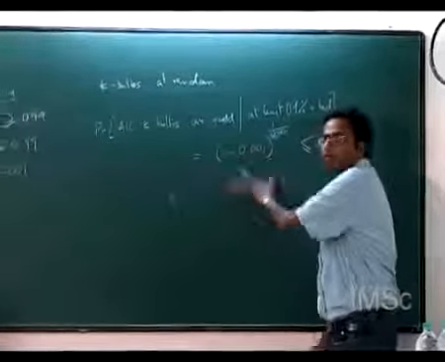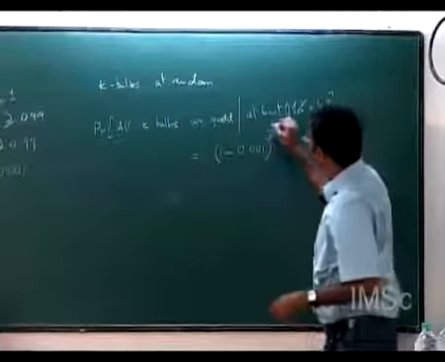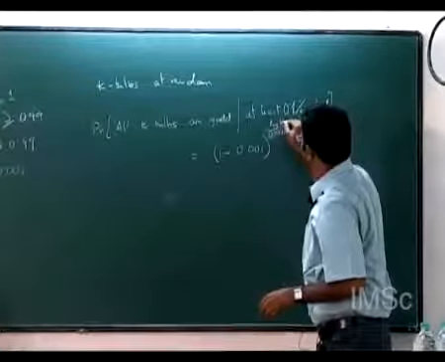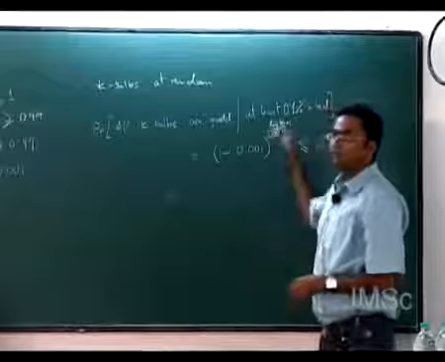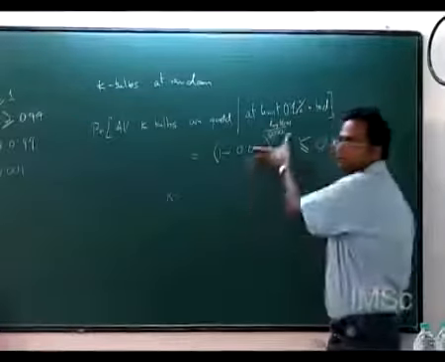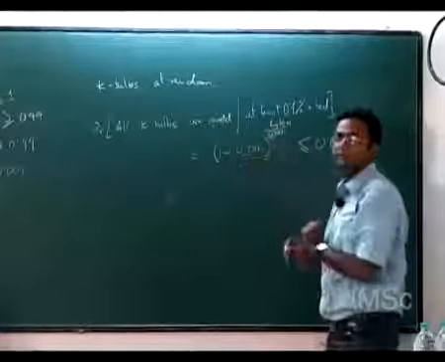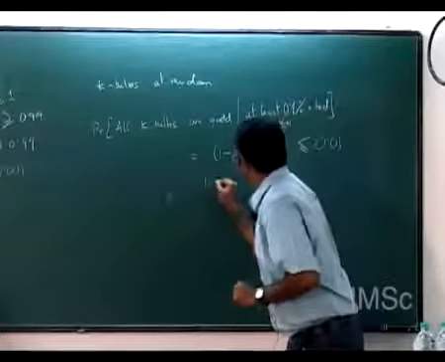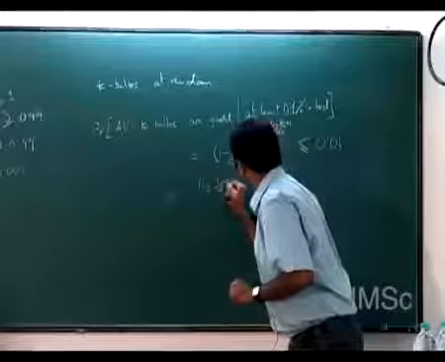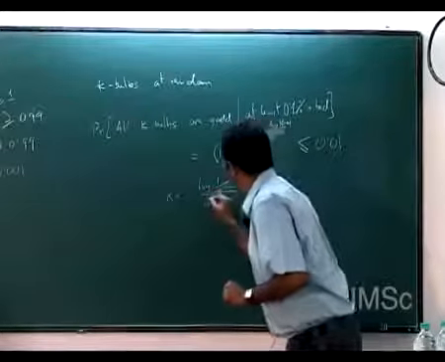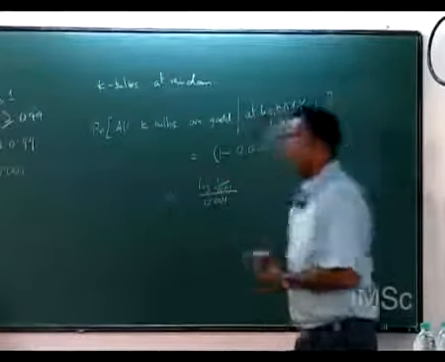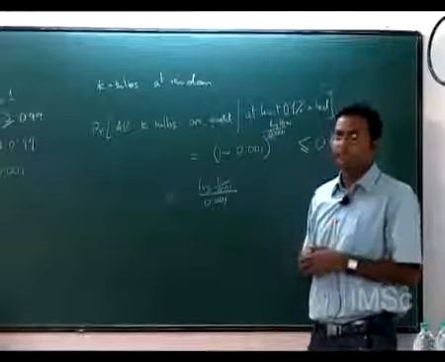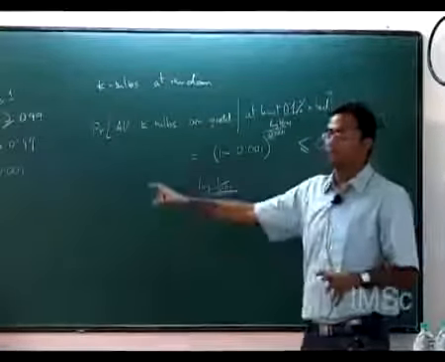If I put on top of that log of 1 over 0.01, then just convince yourself that this quantity is less than this. So basically, if I check log of 1 over 0.01 divided by 0.001 number of bulbs, then my algorithm works.